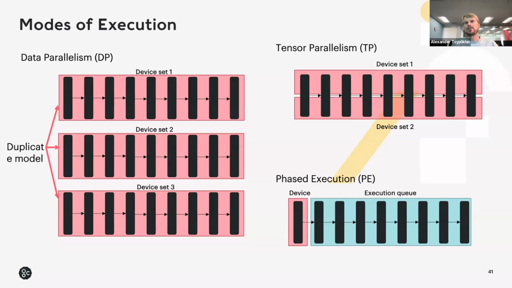And another thing that is typical for GPUs, and we used it for the IPU implementation of GPT-3, is what we call phased execution, where you stream a portion of the weights from your external memory to the compute. You execute an operation on that set of weights.